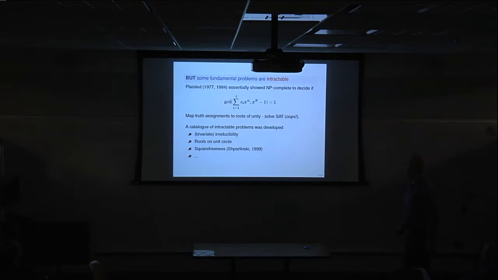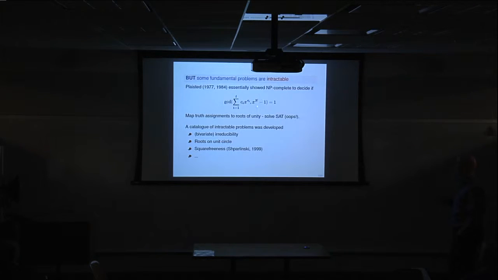These are the fundamental problems. This has been going on for a long time. There were some really beautiful results in the late 70s, early 80s. Plaisted showed that it's NP complete, and this is the fundamental problem: I give you a sparse polynomial and I ask, does it have any nth roots of unity?